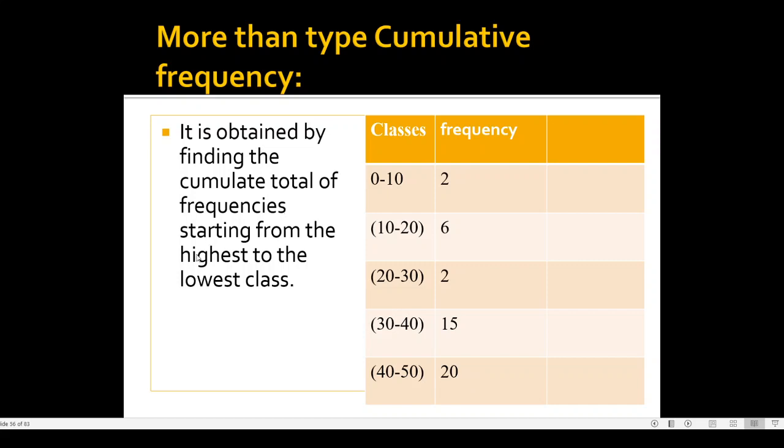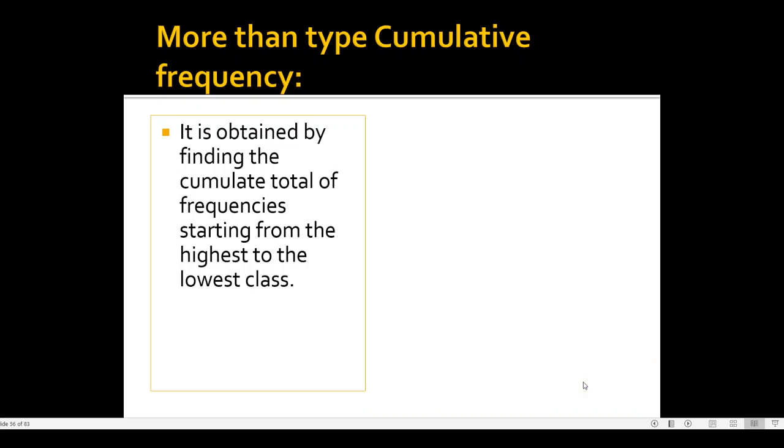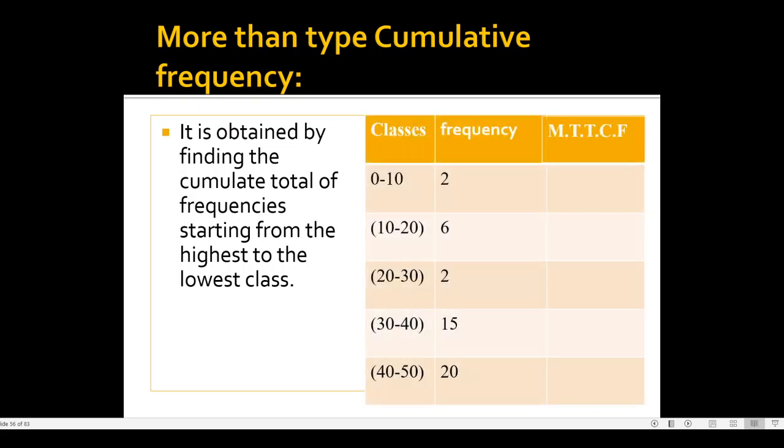For this we have to consider the highest class. So here the highest class is 40 to 50. Its corresponding frequency is 20. Therefore our first more than type cumulative frequency is 20 for the highest class. Then the second more than type cumulative frequency is 20 plus 15, which is 35.